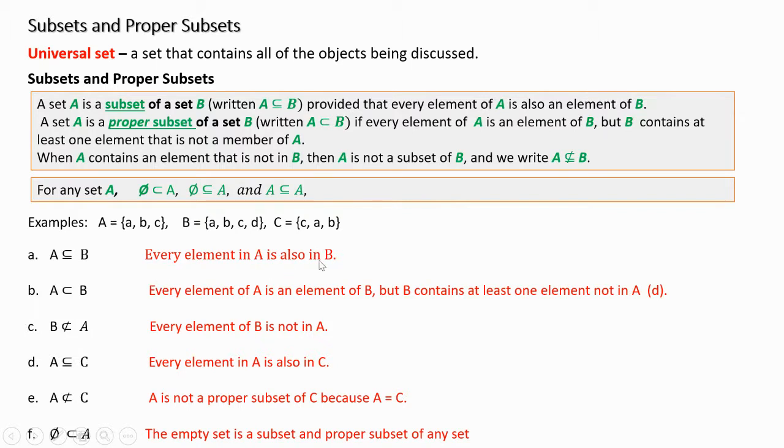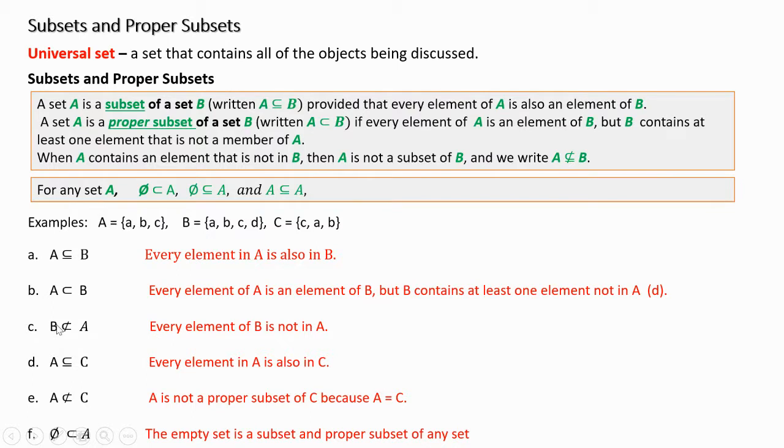Yes, that's why every element in A is also in B. Now, A is also a proper subset of B. It's true, because every element of A is also an element of B, but B contains at least one element not in A, which is the element D. Again, guys, everything in A is also in B, but B has something that's not in set A. That's why it's called a proper subset.